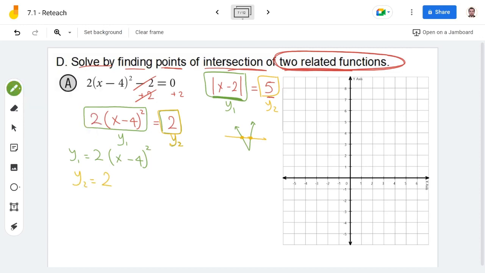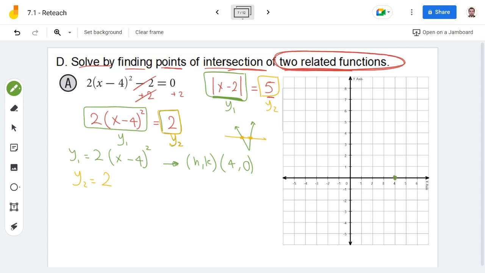Now let's graph the green one. We do the same step: identify h and k. What are h and k here? h is -4, so it should be +4, the opposite. We don't have k, so k is equal to 0. So (4, 0) should be here.